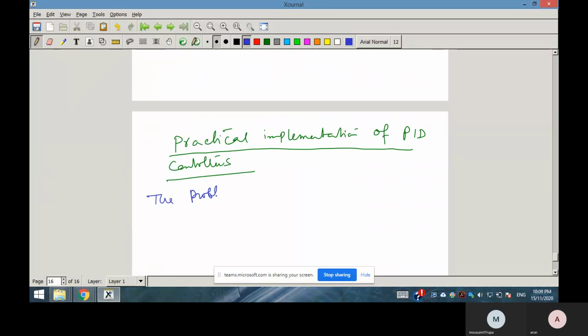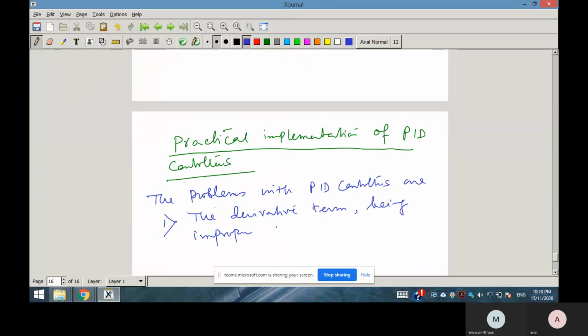The problems with PID controllers are: one, the derivative term. The derivative term, being improper, is difficult to realize in practice.